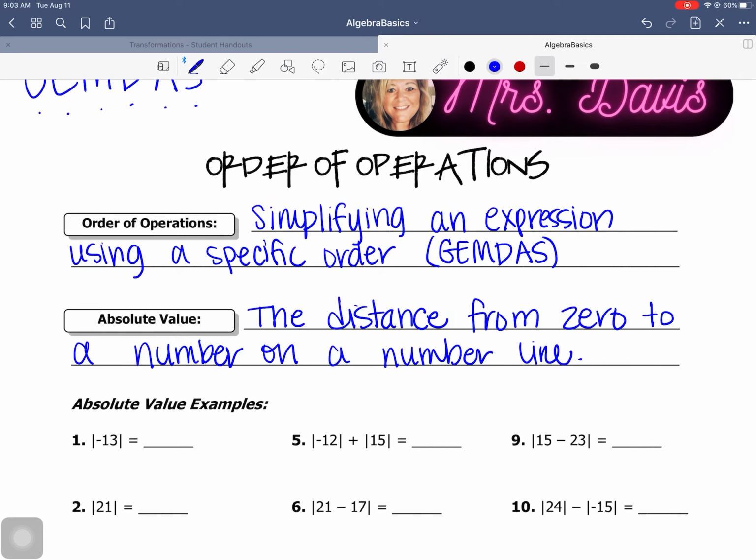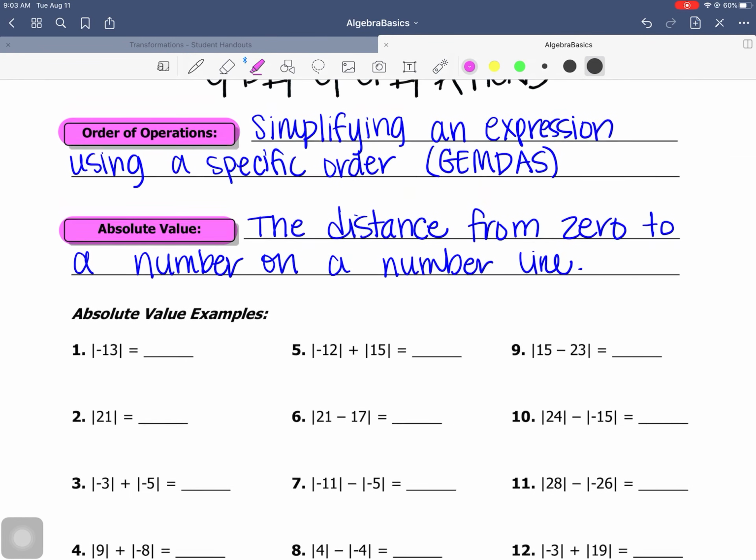So I would press pause right here and write those two definitions down to have in your notes. While we're doing notes, you should always have out your notebook, just some notebook paper, and be writing down examples and vocabulary so that when you are doing independent work later, you can refer back to those. All right? So absolute value.